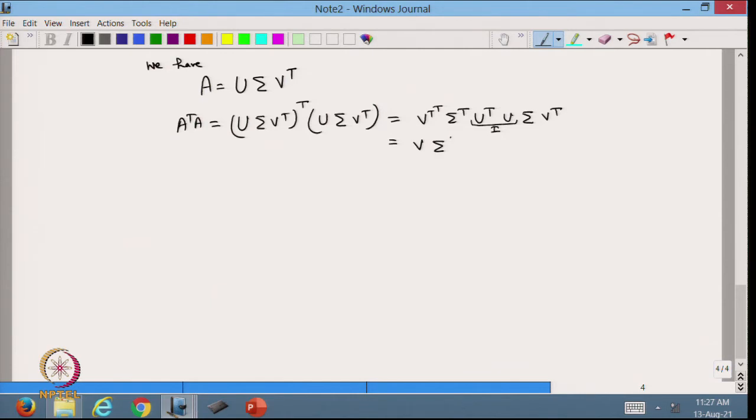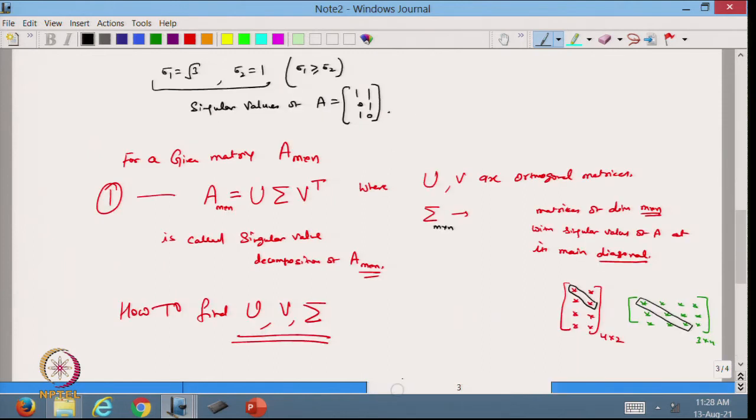So, from here I can write V sigma transpose sigma V transpose, and I know that V will be of dimension n cross n. So, sigma is m cross n, sigma transpose is n cross m, and so on. Now, this will be equal to V times sigma transpose sigma, times V transpose.